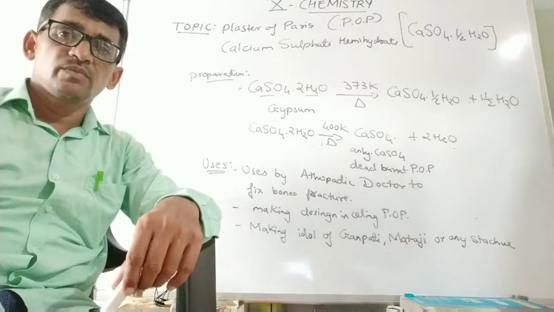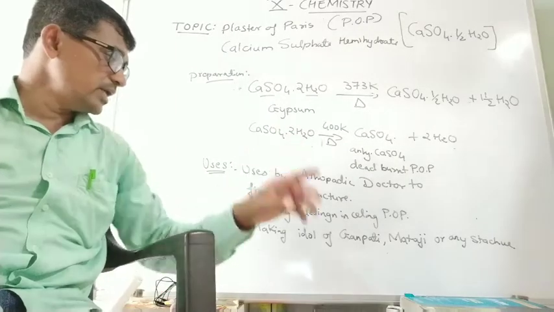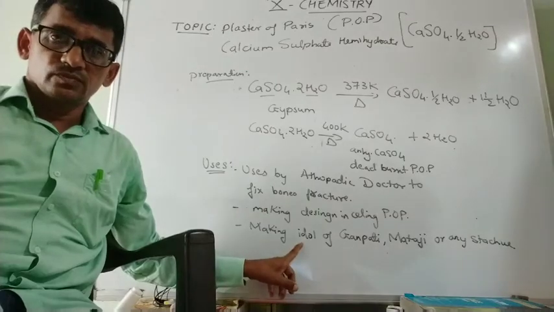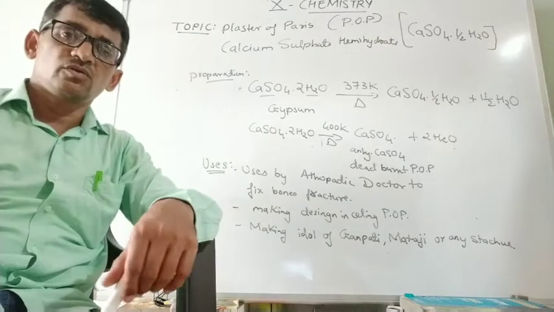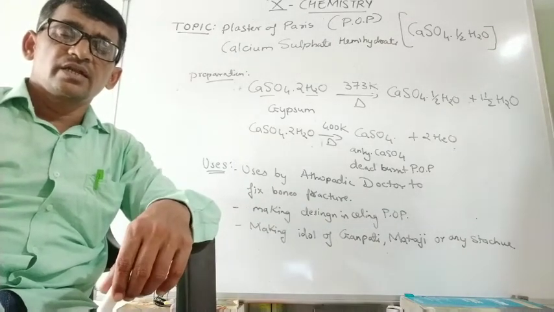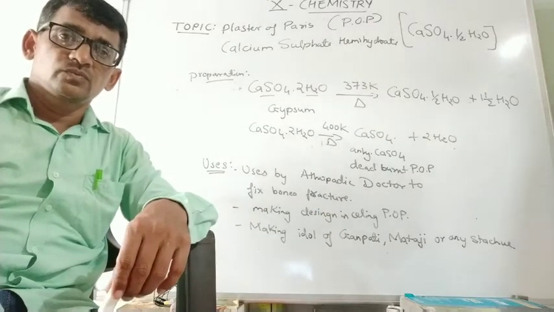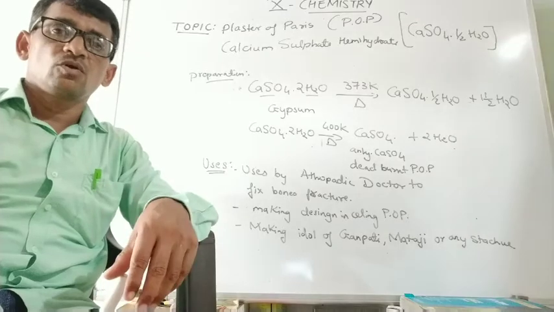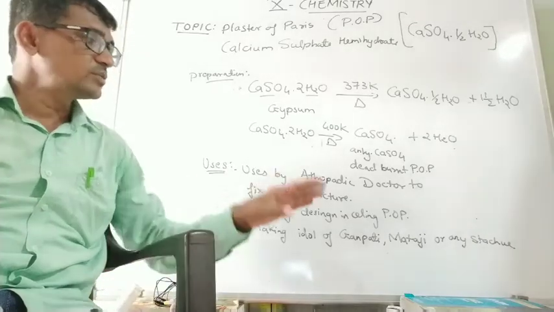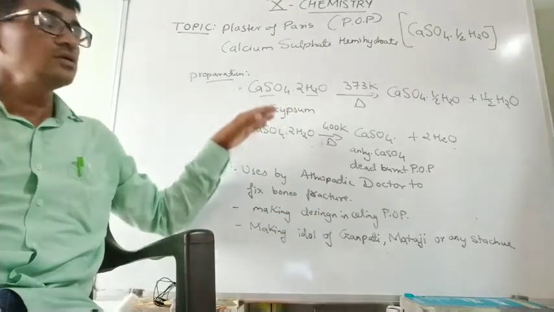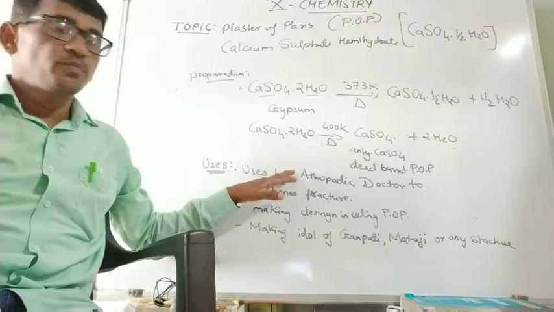Not permanent but temporary statues, then POP is used. In film industries or different architecture designs, statues on the spot or within 1 or 2 days, then this POP is used. So these are a few uses of POP.